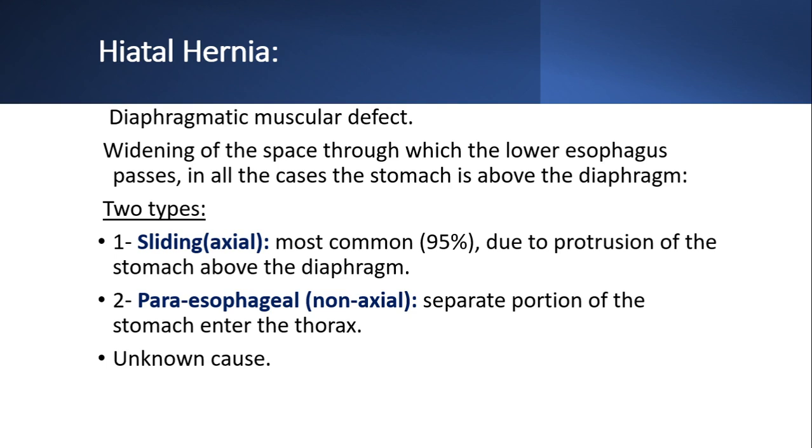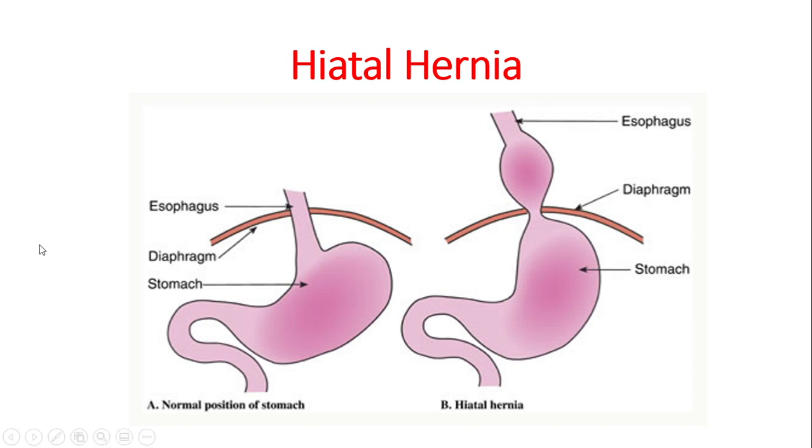Hiatal hernia is an anatomical defect of unknown etiology. This is the normal location of the entry of the esophagus and its connection with the stomach in the abdomen, and this is the diaphragm.